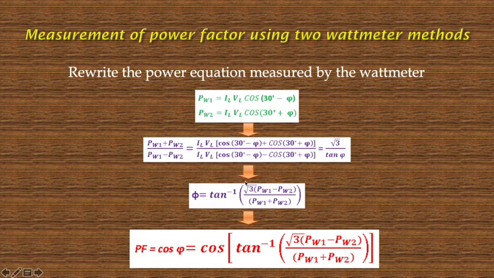So phi equals tan inverse of root 3 times PW1 minus PW2 divided by PW1 plus PW2. Then the power factor is equal to cos phi, so this is equal to cos of tan inverse of this value. This is the power factor using the 2 wattmeter method.